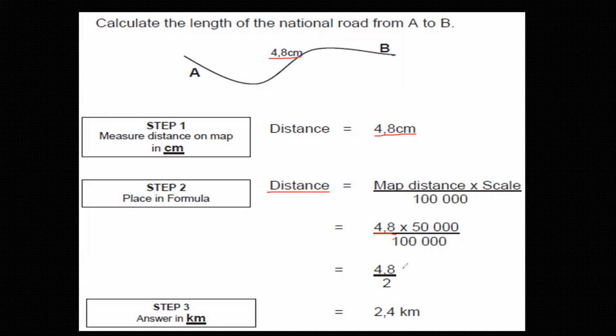You do this in your calculator and it will give you an answer of 4,8 over 2. And eventually you will get the answer of 2,4 kilometers. That is your final answer. So the distance that you measured between point A and point B would be 2,4 kilometers in reality. Okay, so in real life.